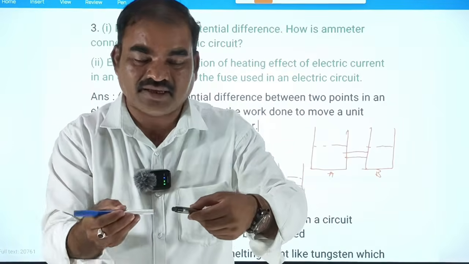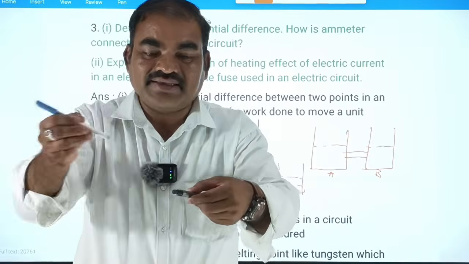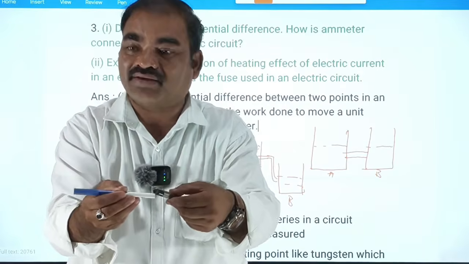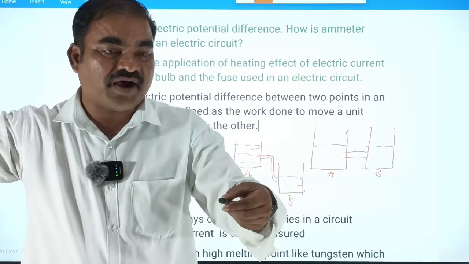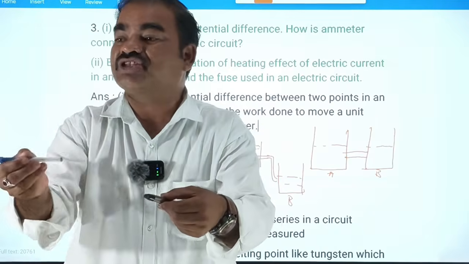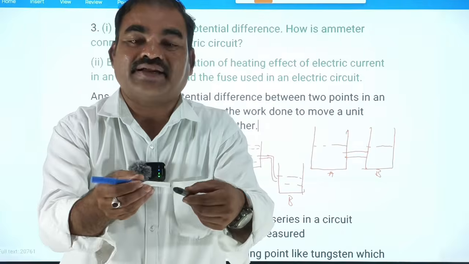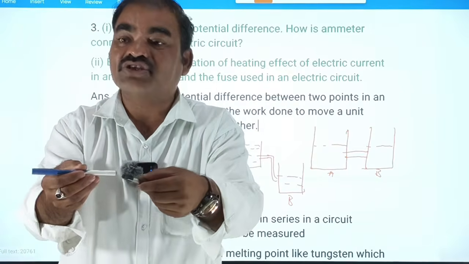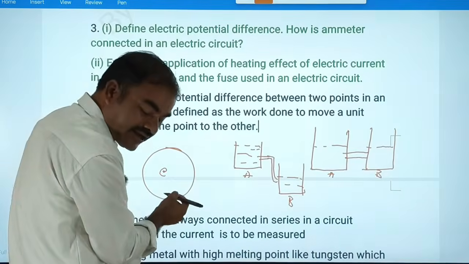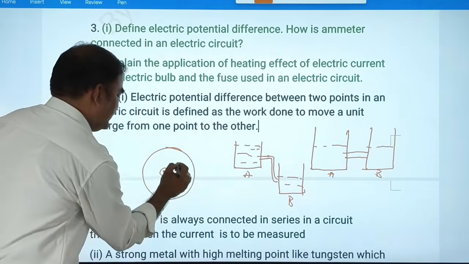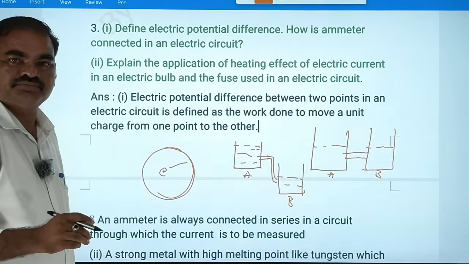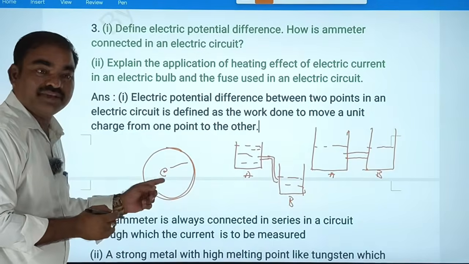If I keep it here, it is within the area, in that area only it will be attracted. If I keep it very far away, this metal is not going to be attracted. Imagine this is iron, it is not going to attract there. So here also this electron will have a field around it. So a field will be there.